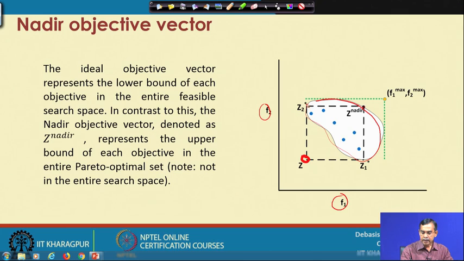Then there is one z star solution which is minimum with respect to f1. Similarly, there is another solution z1 star which is minimum with respect to f2. Now, for this z2 star we can see f1 is maximum, and for z1 star also f1 is at its maximum value.